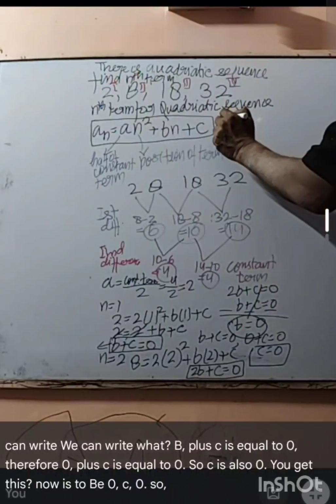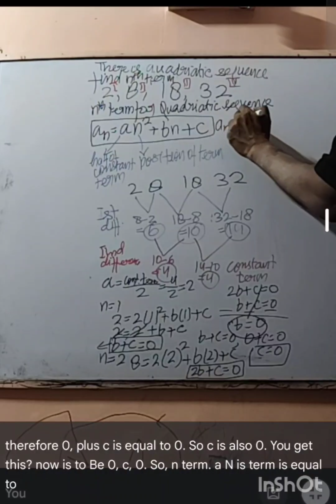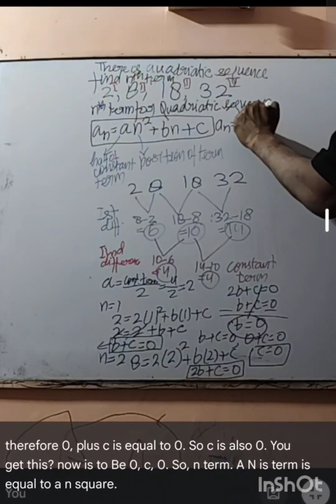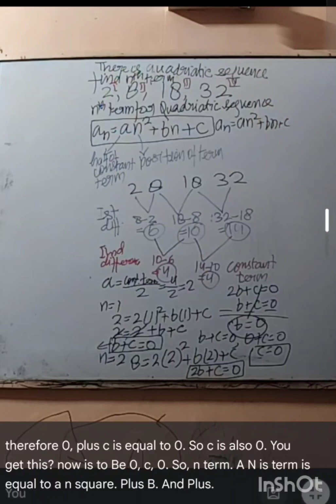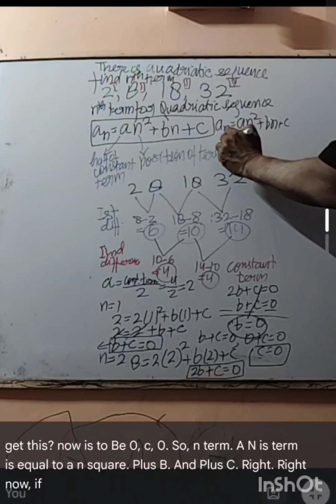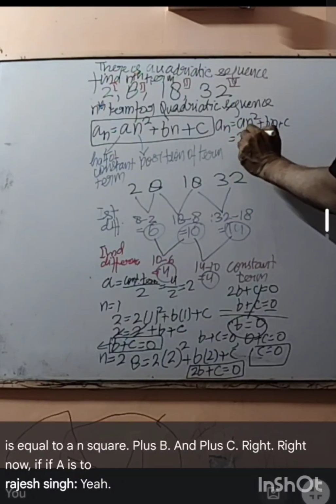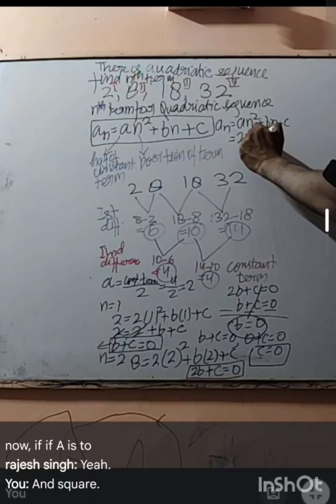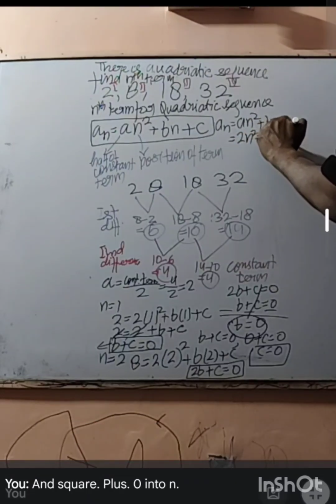So the nth term is equal to an square plus bn plus c. Now A is 2, so 2n square plus 0 into n plus 0.